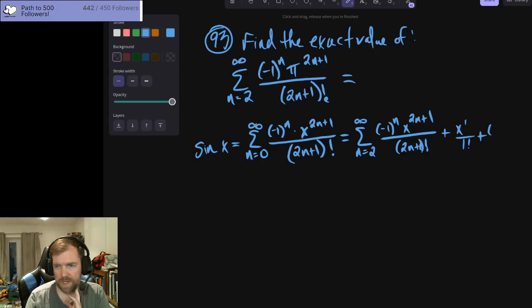It's going to get us a negative 1 times x to the 3rd power over 3 factorial.